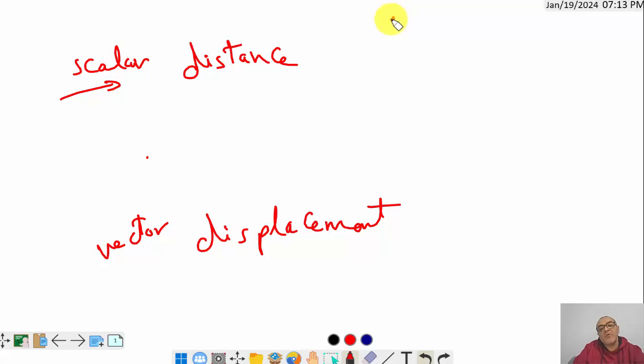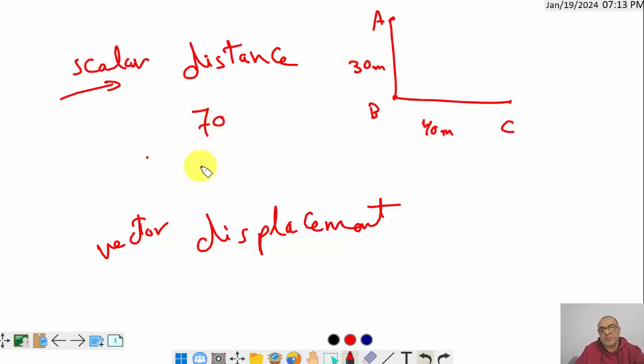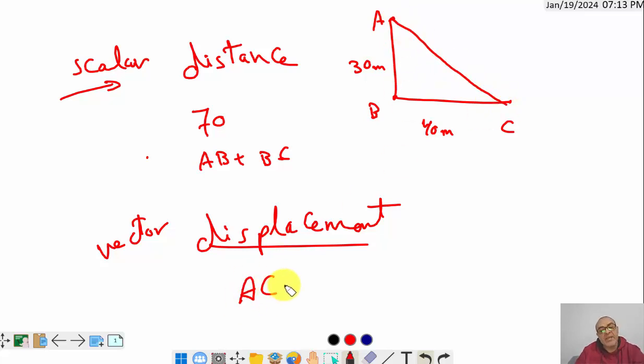Here, if I move from A to B and then from B to C, if I move here 30 meters and here 40 meters, the distance will be 70 meters, from A to B plus from B to C. While displacement is the shortest path from A to C, so displacement is A to C.